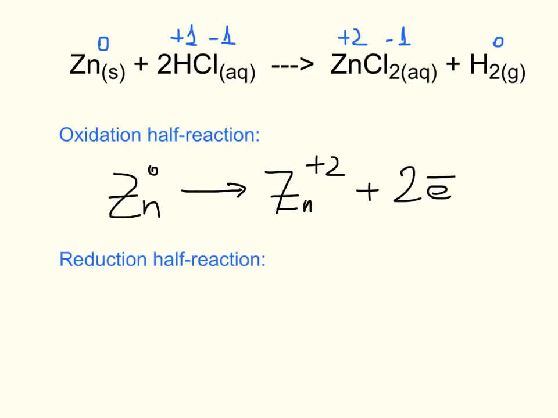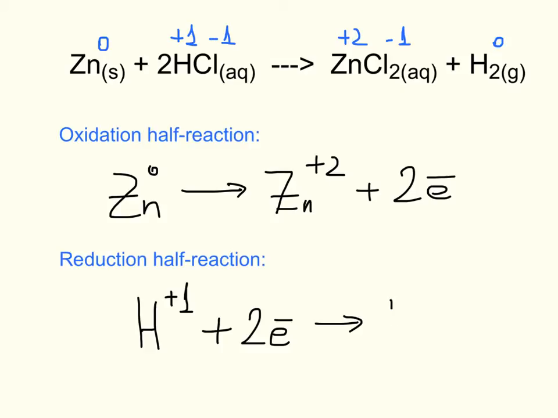And hydrogen must have been reduced because we have hydrogen with the oxidation number +1 on the left, and right here we have hydrogen with the oxidation number 0. So for the reduction half reaction of this, we put in hydrogen +1, accepting 2 electrons that were lost by zinc.